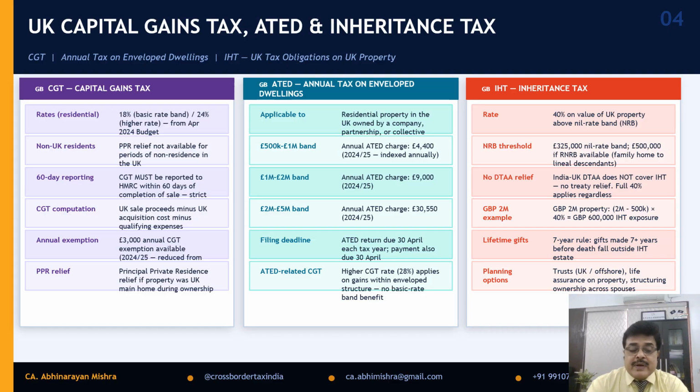On a 2 million pound property, your estate could face a £600,000 IHT bill payable within 6 months of death. So plan early through trust, life insurance, or ownership structuring. Do not leave it till the end, when it is too late.